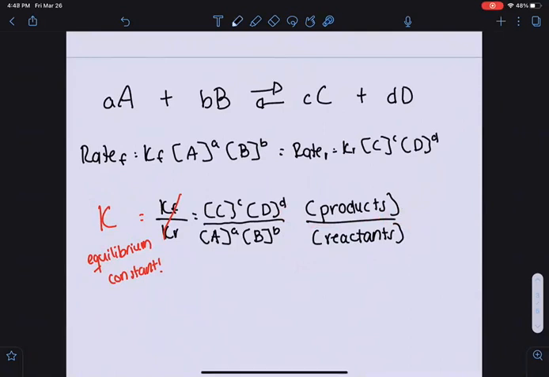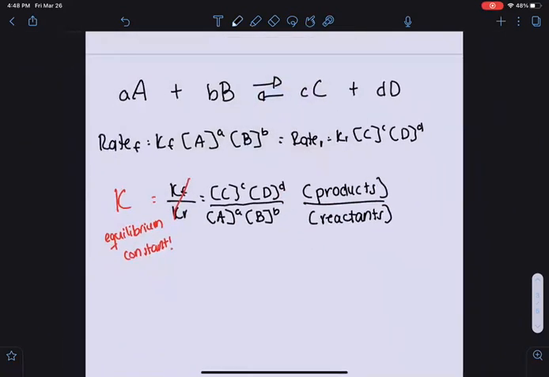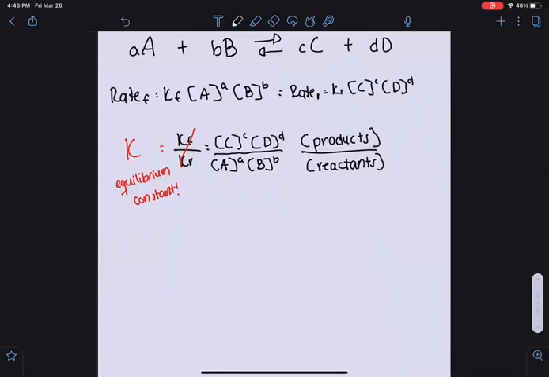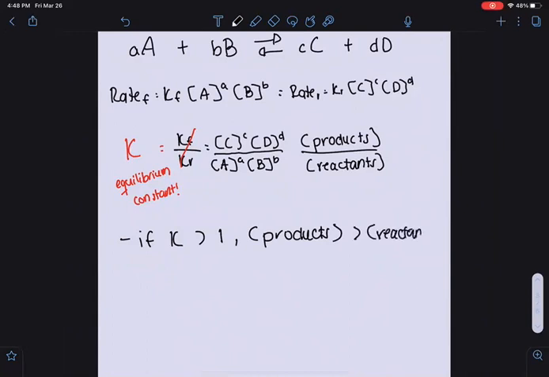So now that we know this, there are two things that you need to know as well. If the value of K is greater than 1, then the concentration of the products is greater than the concentration of the reactants, and this drives the reaction in the forward direction.